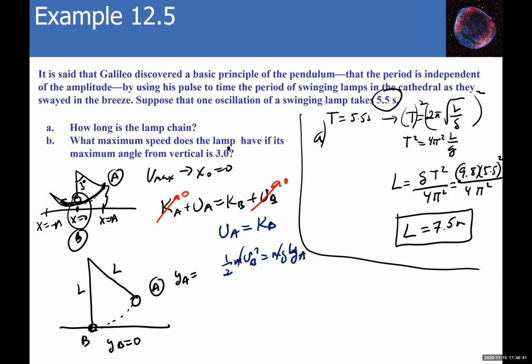I can cancel the mass and solve for v_B, which is the square root of 2 g y_A. The question is, how do we find y_A, the position of A?